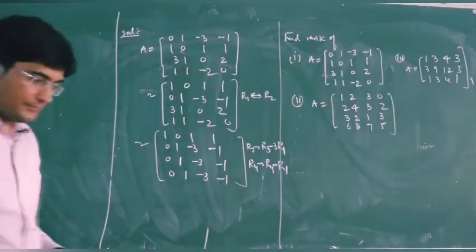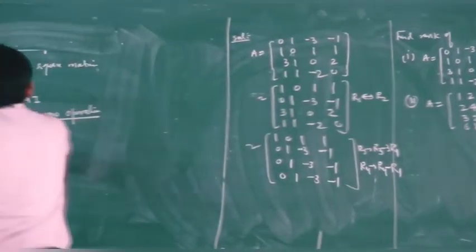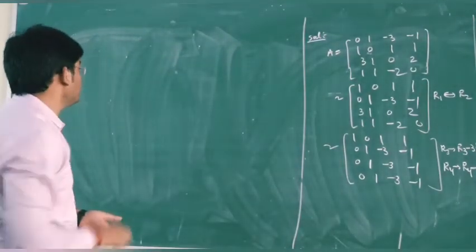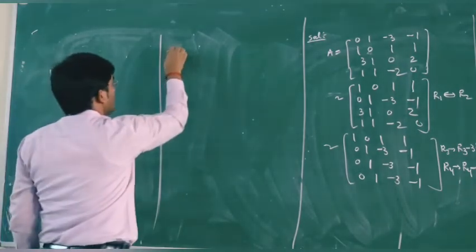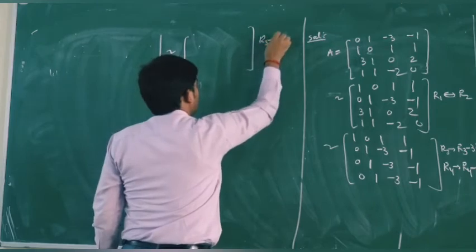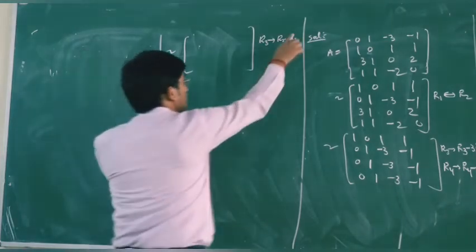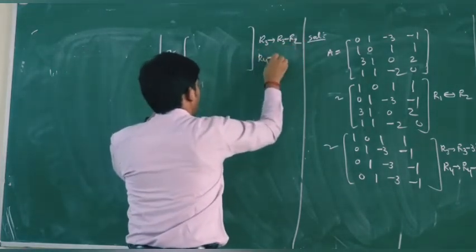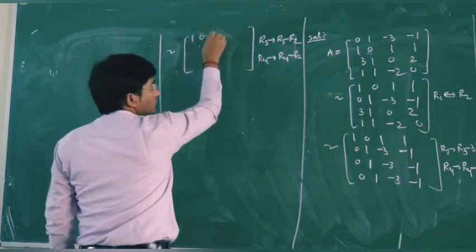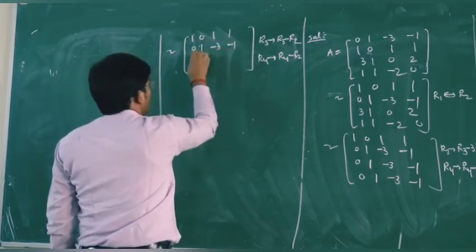So this is equivalent to, let us subtract R2 from R3 and again R2 from R4. So we have 1, 0, 1, 1, then 0, 1, minus 3, minus 1. Now these two rows are 0.